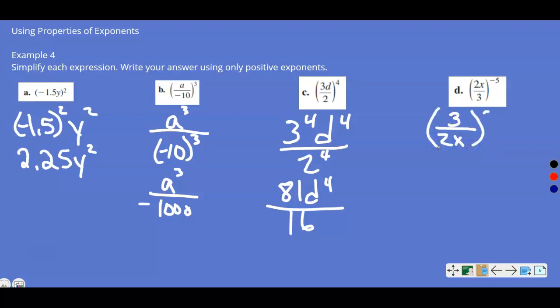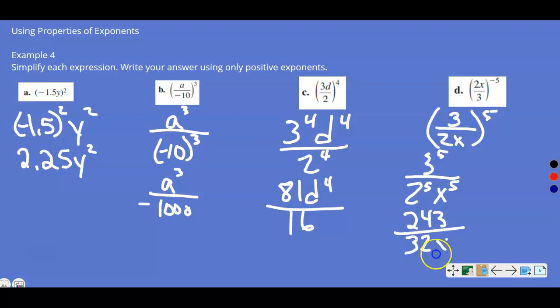Now when we do the reciprocal, that's a positive exponent. So now we're going to have 3 to the 5th over 2 to the 5th and x to the 5th. 3 to the 5th power is 243. 2 raised to the 5th power is 32 times x to the 5th.